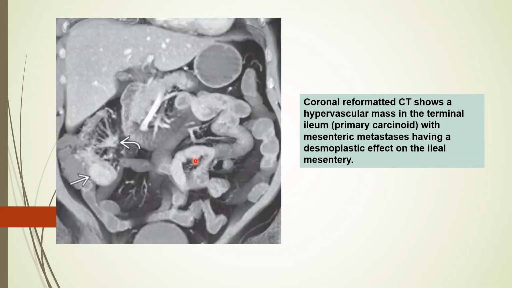This is a case of carcinoid tumor. This is a hyper-enhancing ileal mass. The primary carcinoid, this one. And this one, the mesenteric metastasis, also hyper-enhancing with tethering of the mesenteric due to desmoplastic reaction.